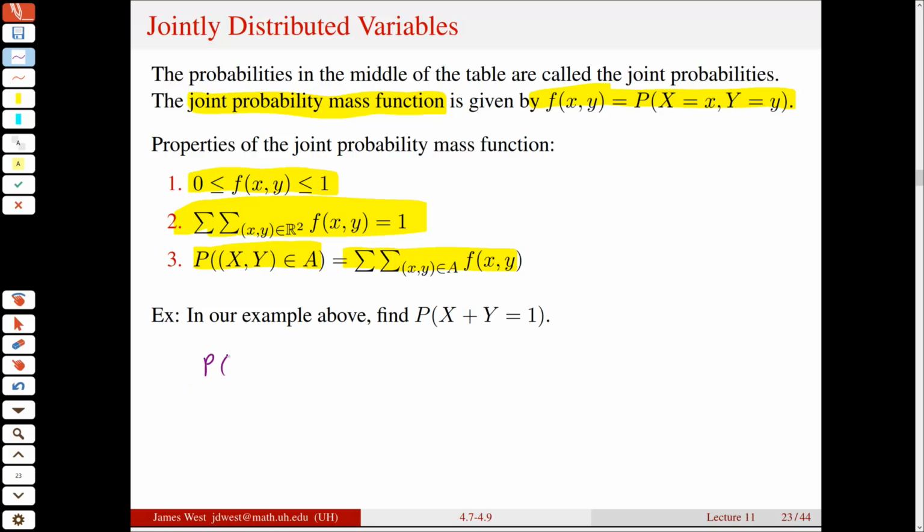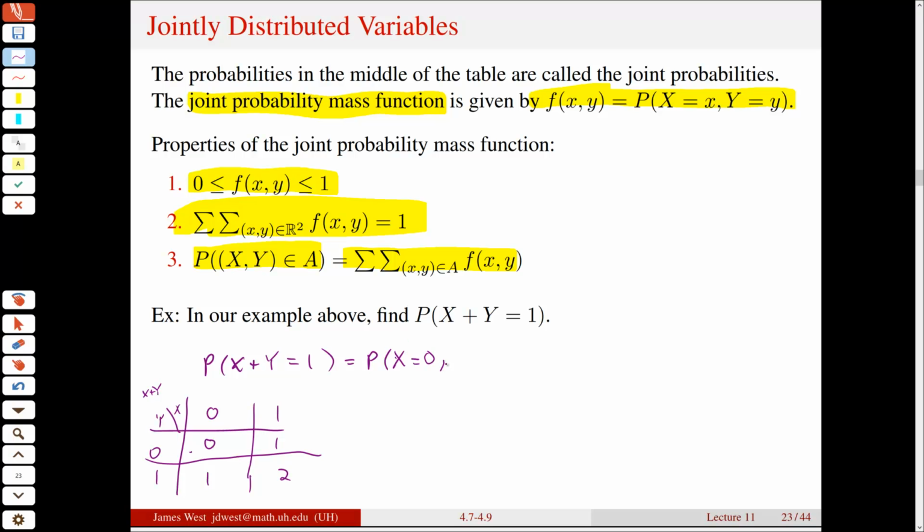So let's look for the probability that x plus y equals 1. Well, again, if we list our values for x and our values for y and calculate x plus y in each case, we would get 0, 1, 1, and 2. Thus, this is equal to the probability that x equals 0 and y equals 1, or x equals 1 and y equals 0.